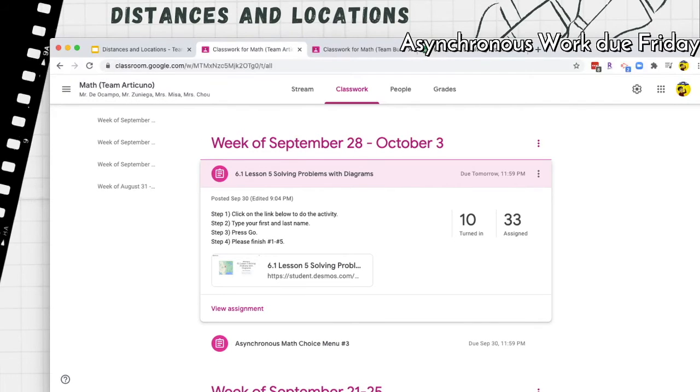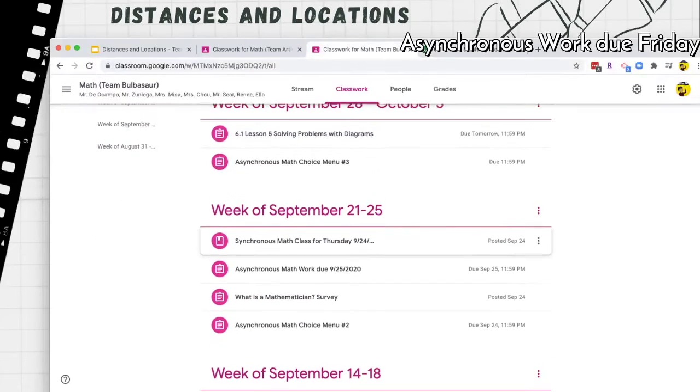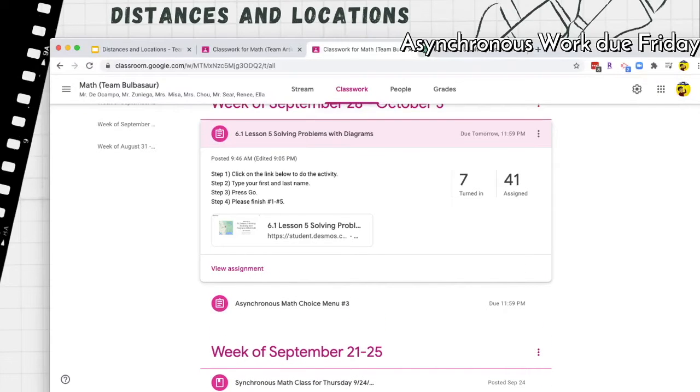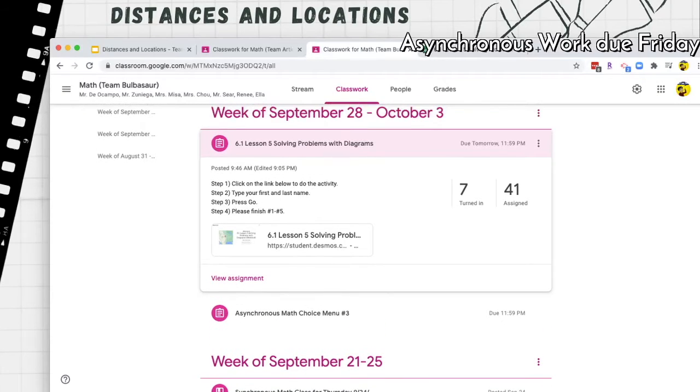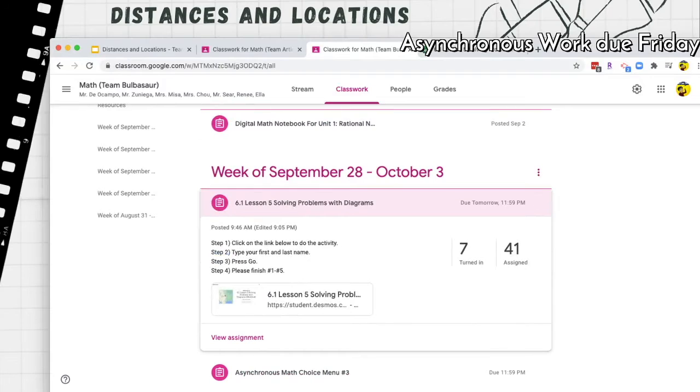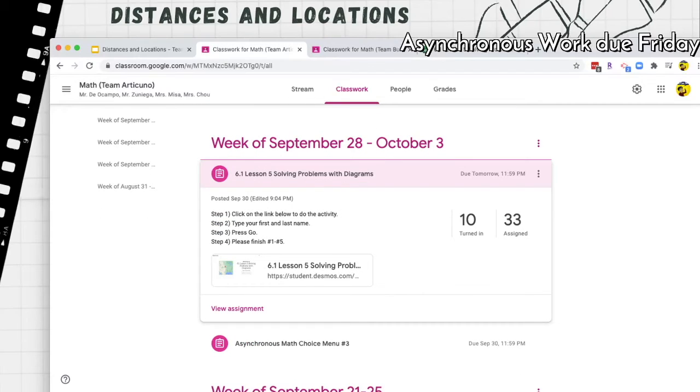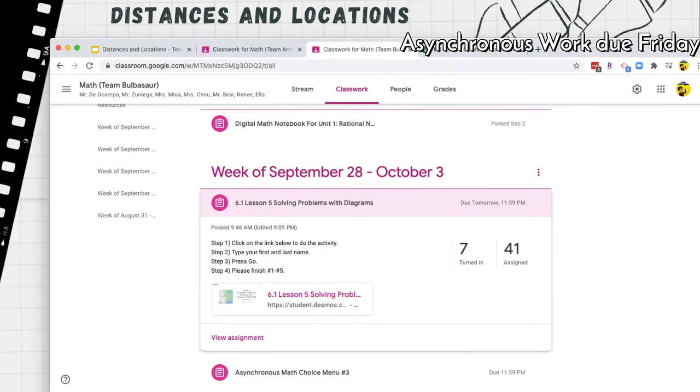We did change the date for Team Articuno. It is due Friday, 11:59. Same thing for Team Bulbasaur. Due 1 to 5, due Friday. It also says here, please finish 1 to 5. Alright, that is the assignment.